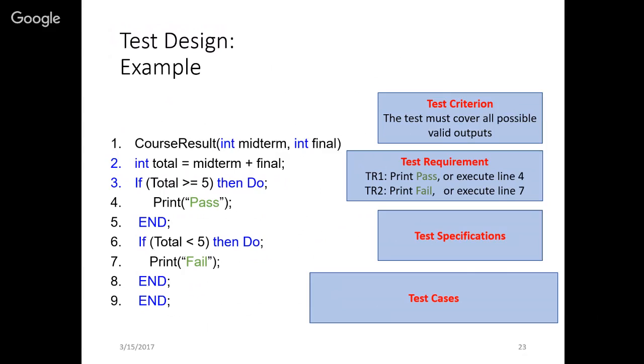So print pass or fail, which is execute line 4, execute line 7. What's the test specification? It's how. So how to execute this and how to execute this in the generic case. So how to print pass or execute line 4 and how to execute line 7.